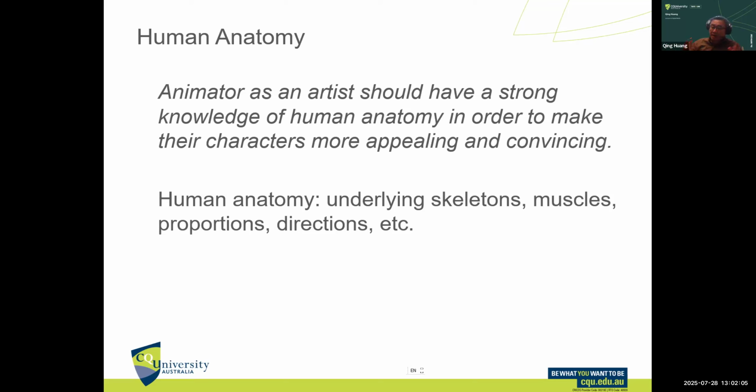By now, you should have a pretty clear idea about what kind of character you are going to design. But how do you make it believable? One of the major strategies is to try to bring more humanity into your character. Then you have to study human anatomy.